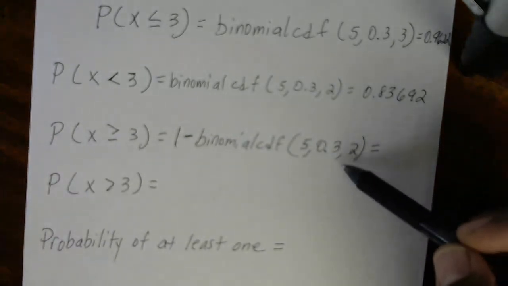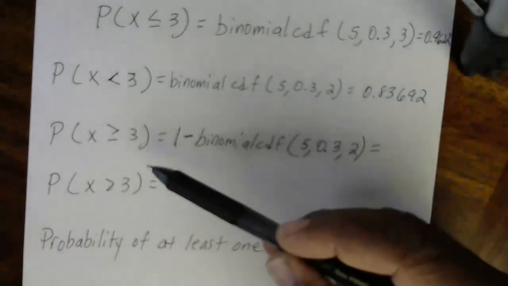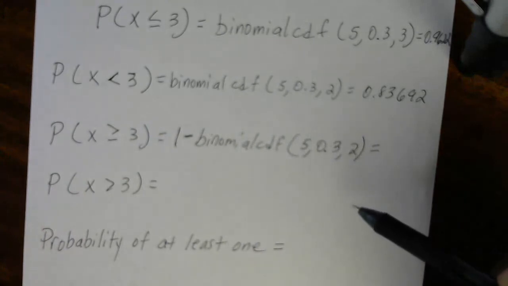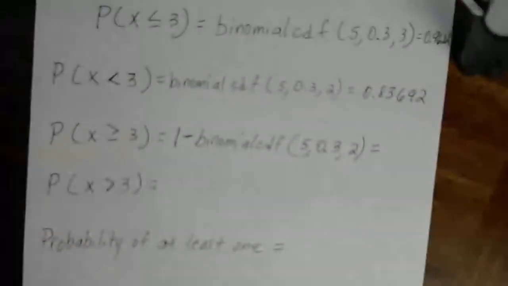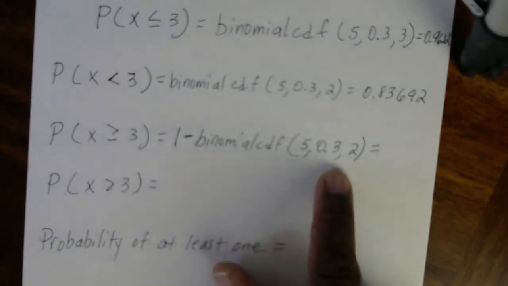Notice I'm going to take the probabilities from 2 down, subtract from 1, and that should give me the probability for 3, 4, and 5. So this is what I'm going to put into the calculator.